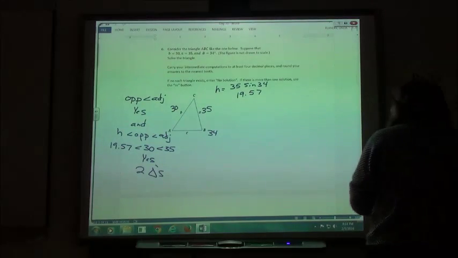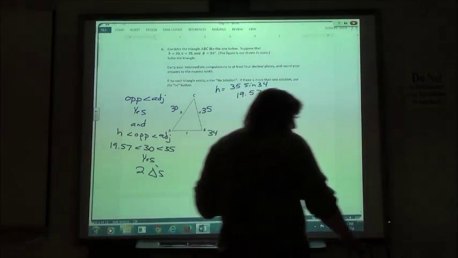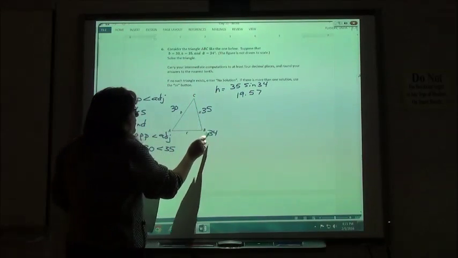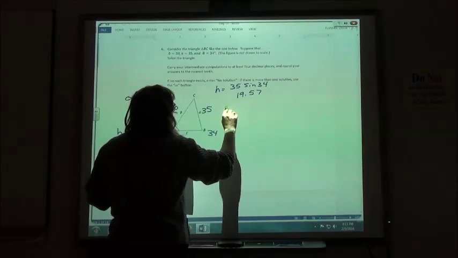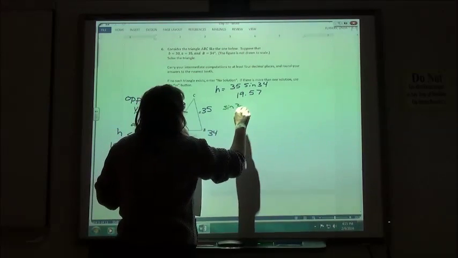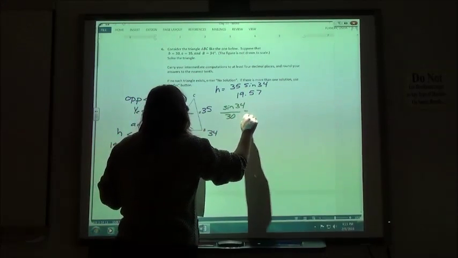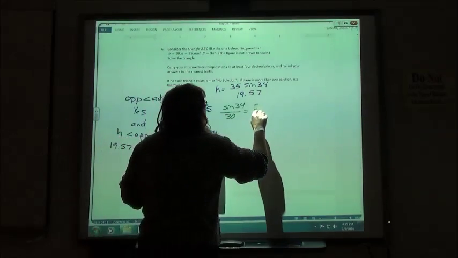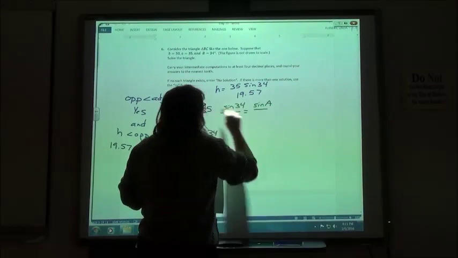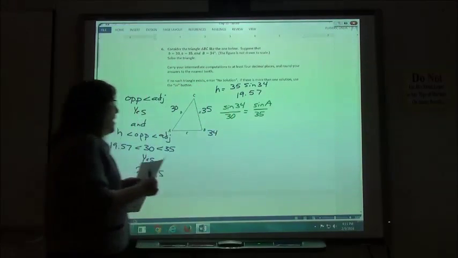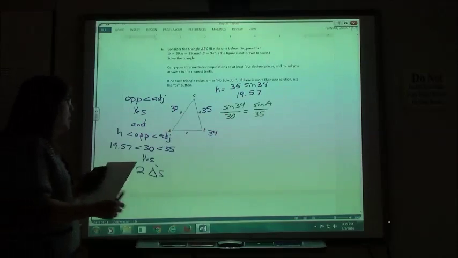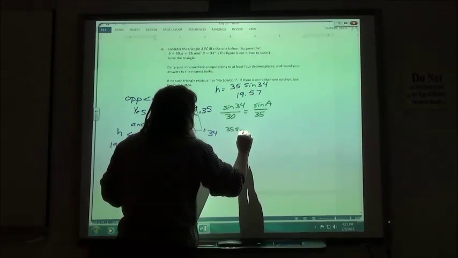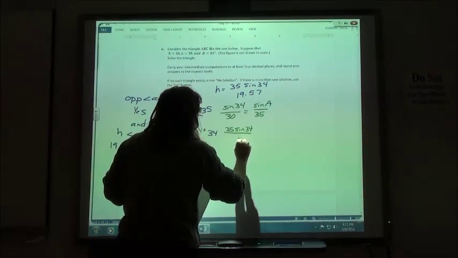So, starting this one off, we are going to use our law of sines. I have angle B and side b, so I'm going to use the sine of 34 over 30 equals, and I have side a, so I'm going to use the sine of A over 35. I'm going to solve that. Cross multiplying, I'm going to take 35 times the sine of 34 and divide it by 30.